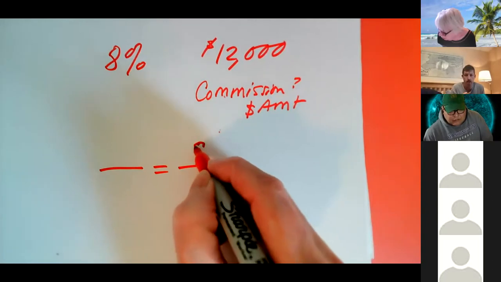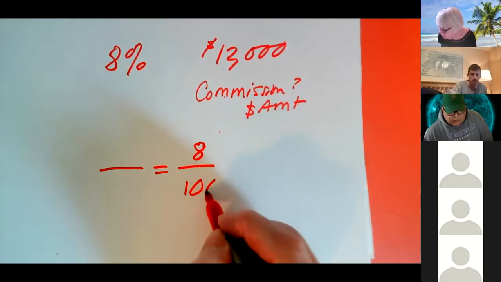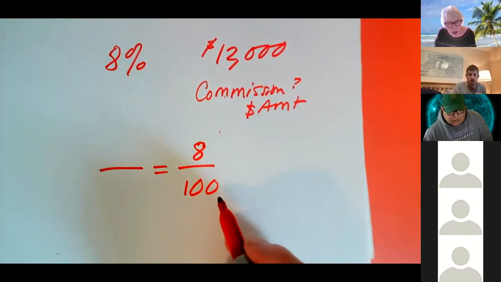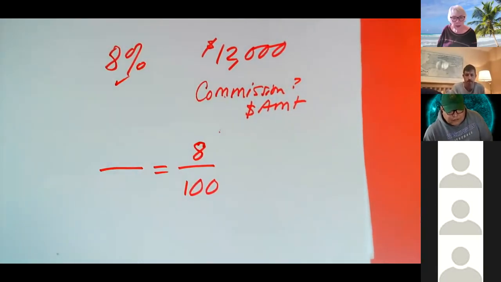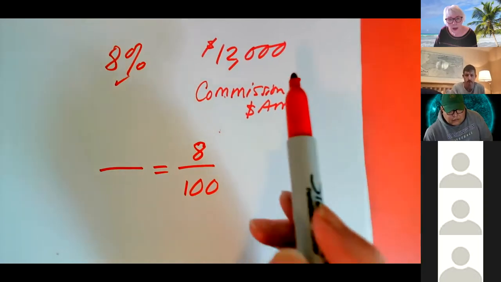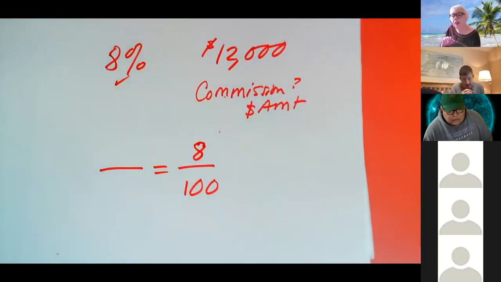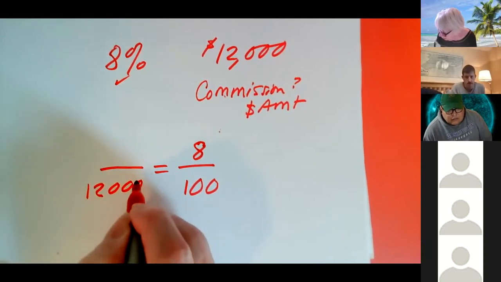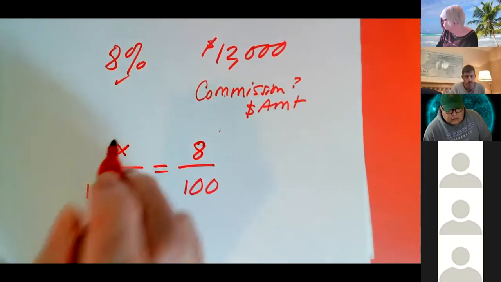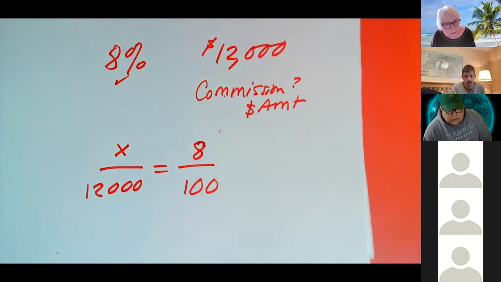So this is the percent, and this is always 100. But they gave it to us, so we took care of that business. The next part is, can you tell me the total? 12,000. And so 12,000 goes right here, which means there's your X.